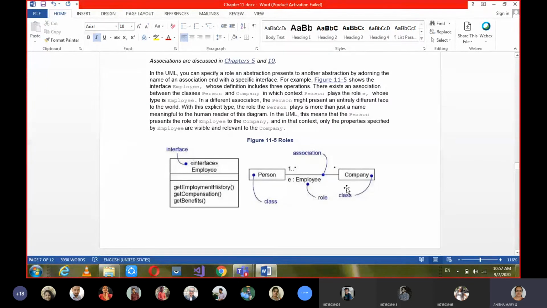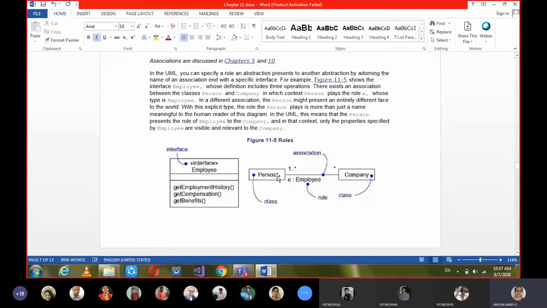So person and company are the classes, and the person instance is given as he. And he is an employee. So person is an employee, and that is a role. Company is the employer who gives the employment for the employees.